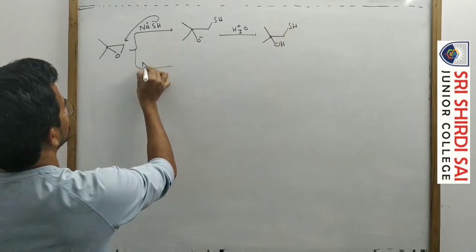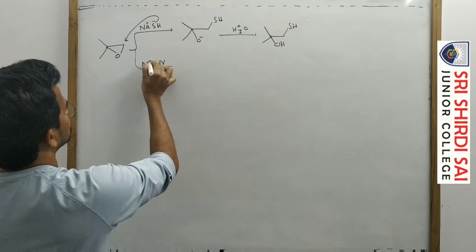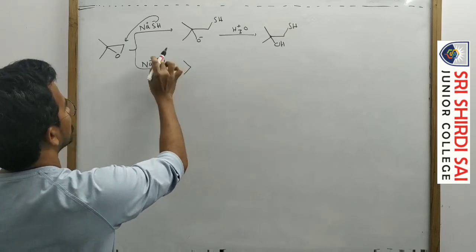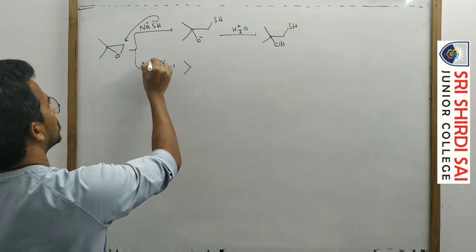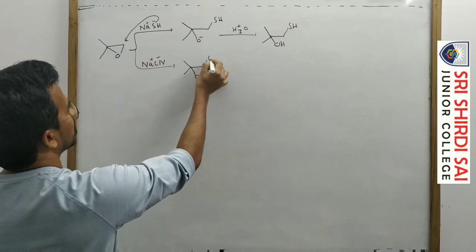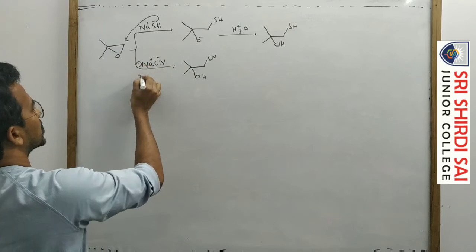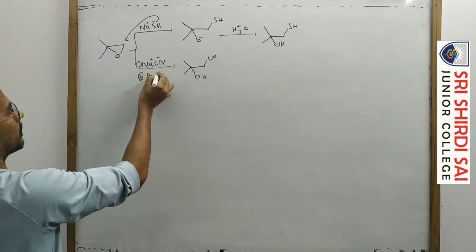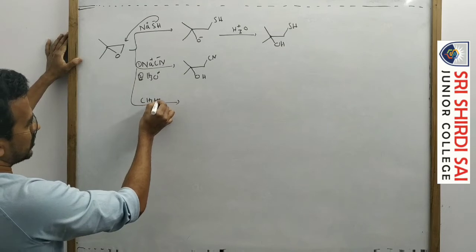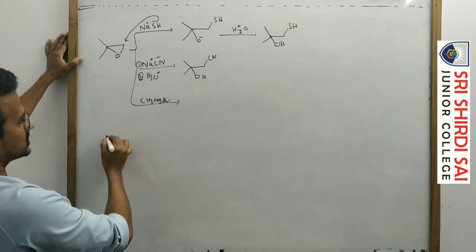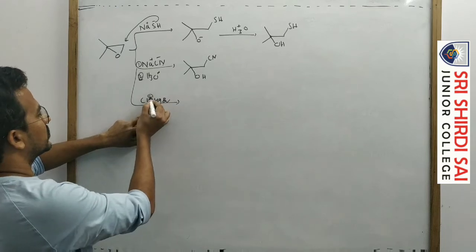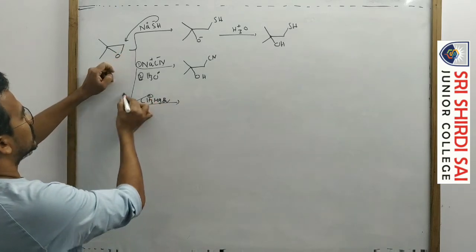And next, this one reacting with NaCN, suppose Na plus CN minus. In this case, again the CN minus nucleophile attacks the less substituted carbon. This one becomes OH and this one becomes CN. The second step is hydrolysis. Now, you already know this reaction, methyl magnesium bromide. In this case, CH3 minus is the charged nucleophile. CH3 minus attacks this less substituted carbon.